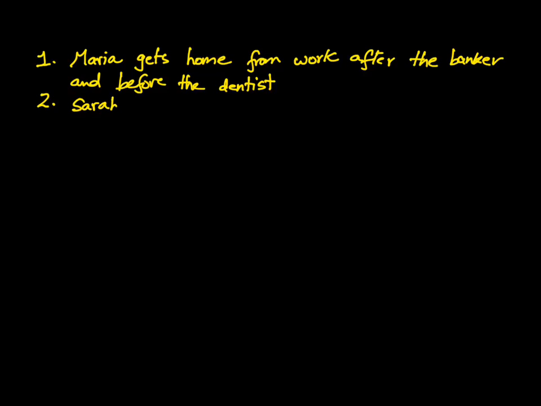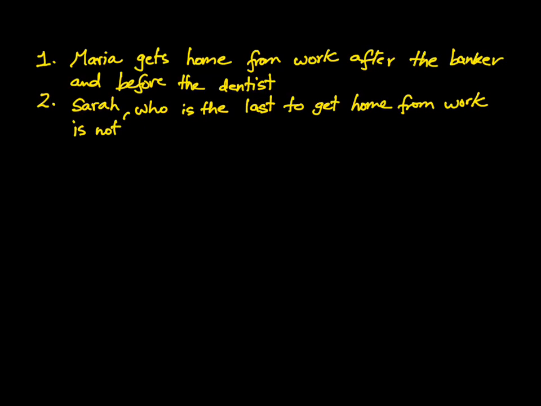So she's kind of between the banker and the dentist, time wise. And number two is Sarah, who is the last to get home from work. So we don't know what she's doing, but she is definitely not the editor. So now they gave us one piece of information, which is Sarah is not the editor.